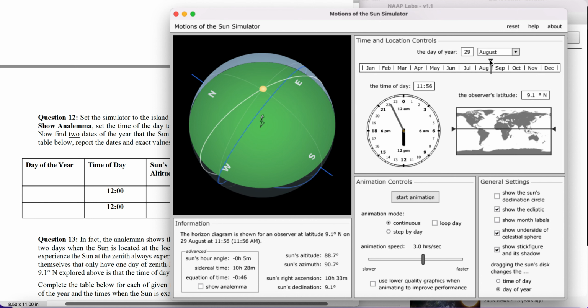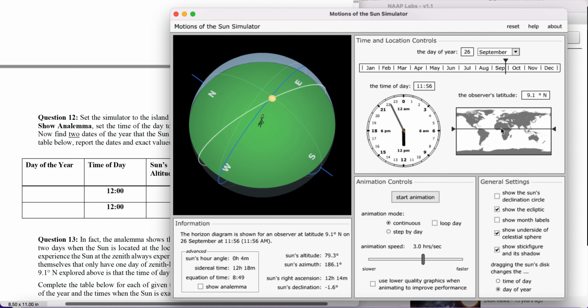Actually, I can do that better up here, because otherwise it wants to track that figure eight, and I'm not mousing over it correctly. But if I go over here and just drag through the calendar, then we can see it crosses the zenith, okay? Then it reaches the point, turns around, and then crosses the zenith again on a separate date. See that? Cross, turn around, cross again. All right, pretty cool, right?